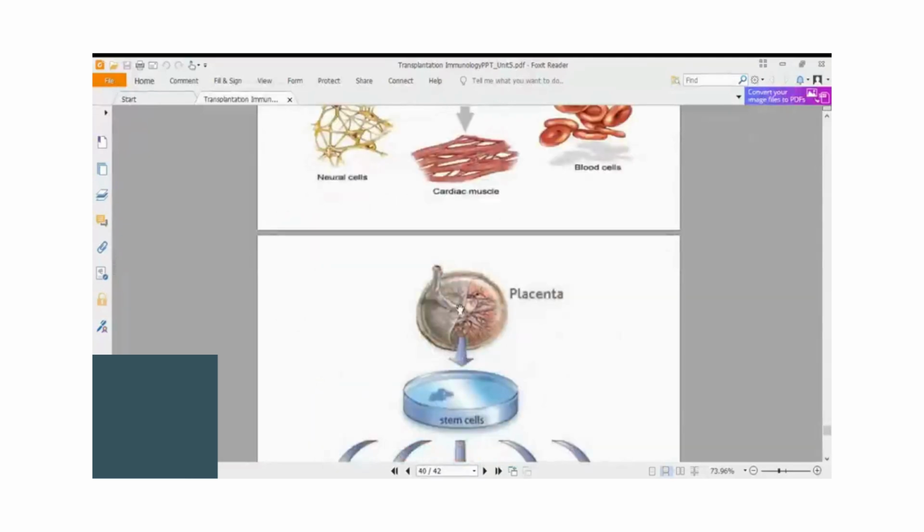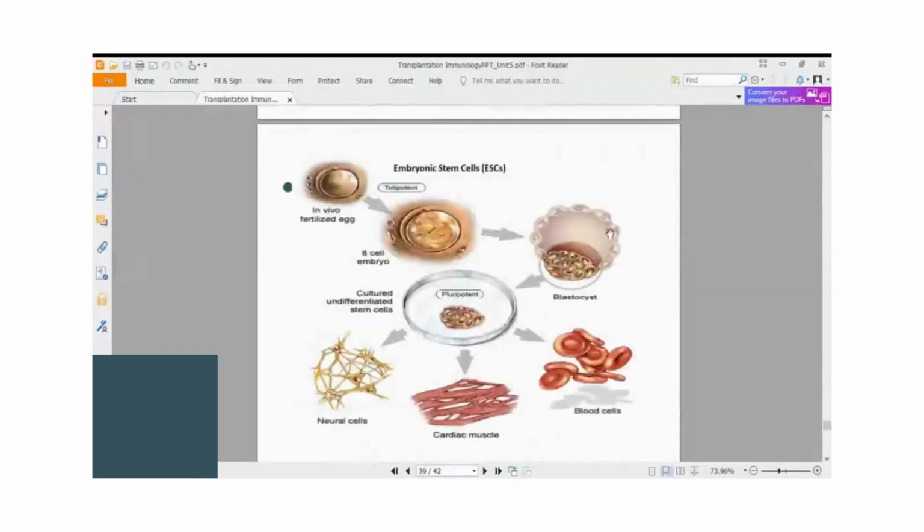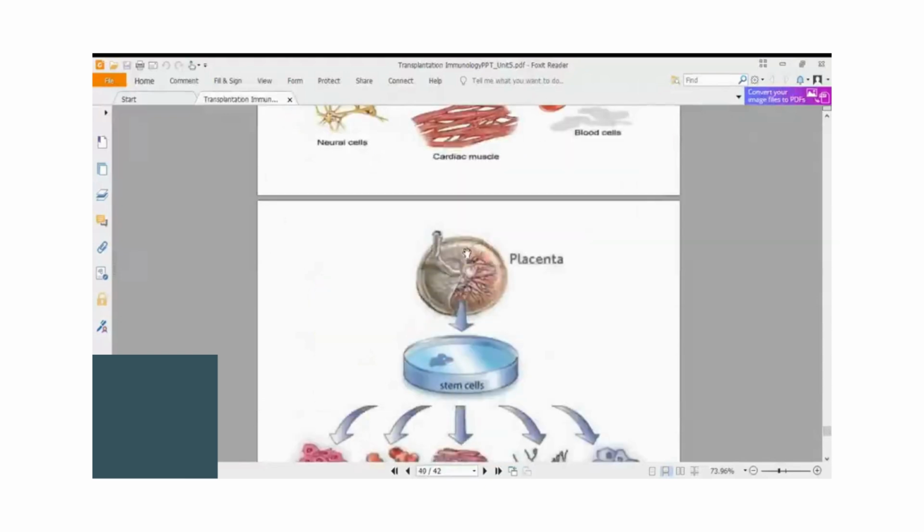The origin of the placenta begins from the embryonic region, that is the blastocyst. Please remember that. And it is not formed by the mother. It is a foreign organ. Placenta is a foreign organ growing in the mother's uterus.